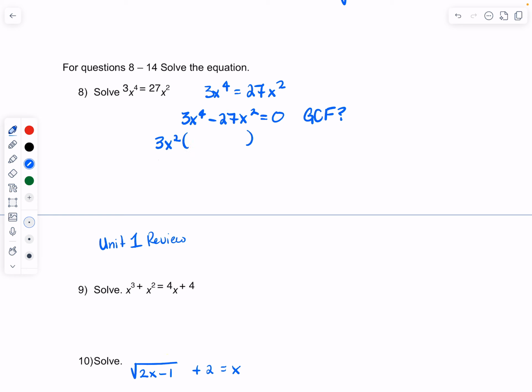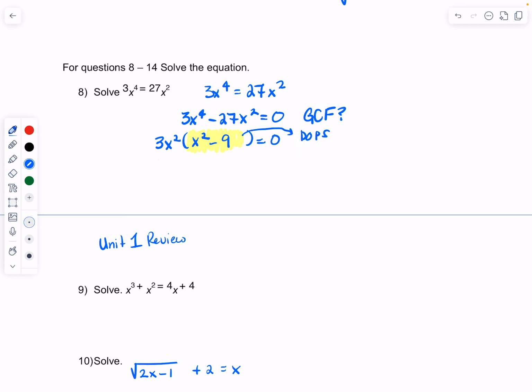So if I divide both terms by 3x squared, I get 3x to the 4th divided by 3x squared, which is x squared. And now I'm going to take negative 27 and divide that by 3, which by the way is 9. And then the x squared divided by x squared goes away. Be careful with these though, because you have to analyze whenever you have a binomial, see if it is a difference of perfect squares, which it is.